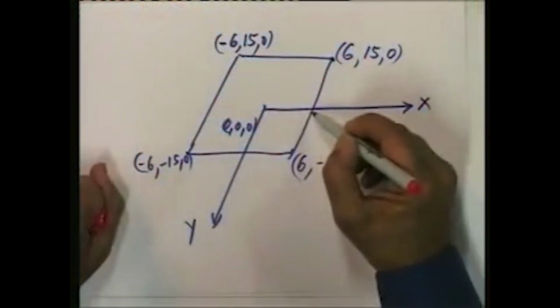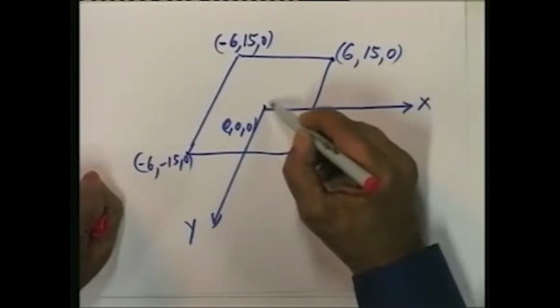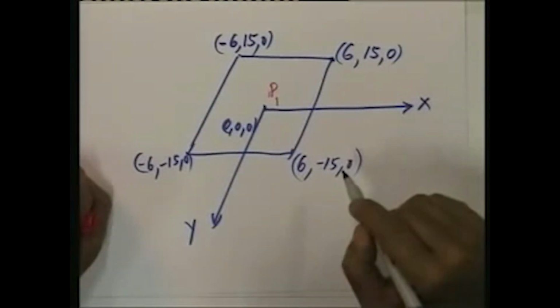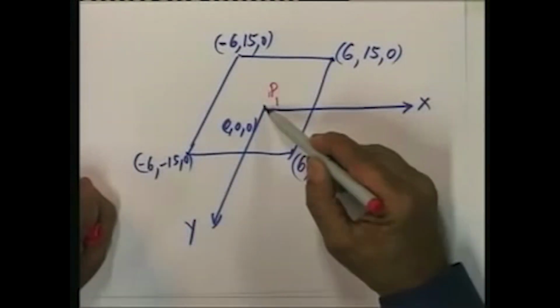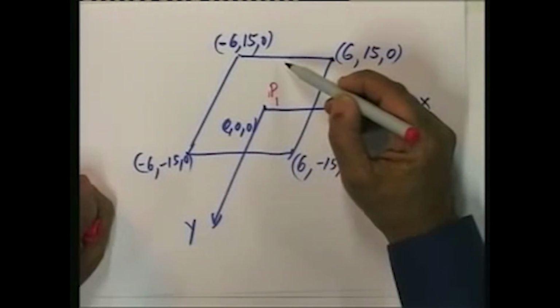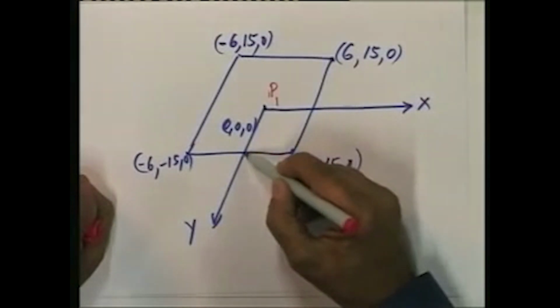We have points such as 0, 0, 6, which would mean x coordinate is 0, y coordinate is 0, depth is 6, which means it is this point. So, this is point 1. The next point is 0, 15, 6, that means x coordinate is 0, y coordinate is 15, depth is 6.